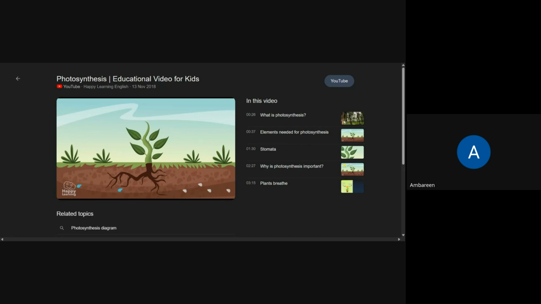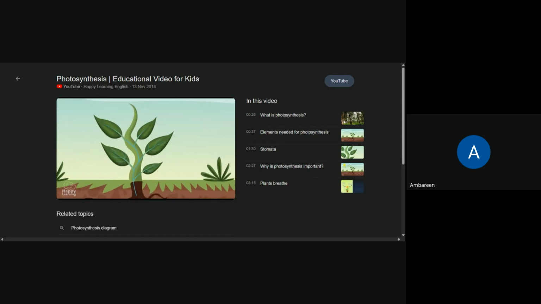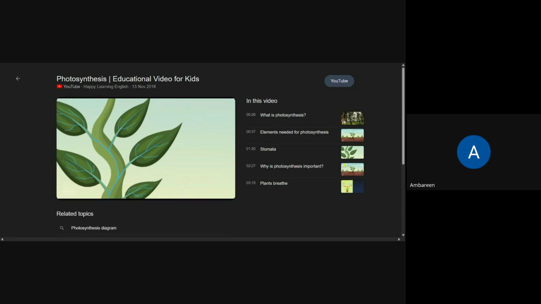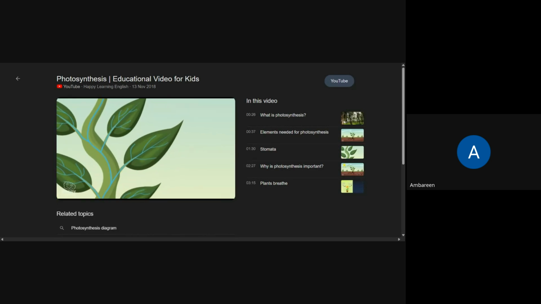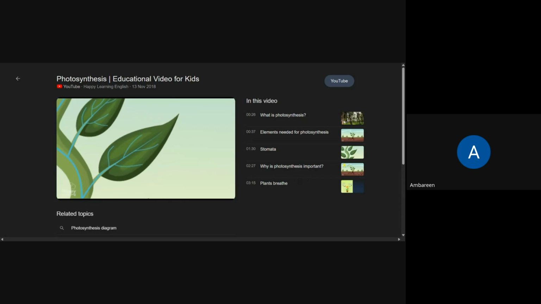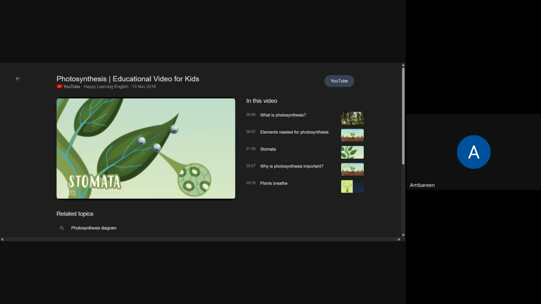And through them, the plant absorbs water and minerals in the soil. Water with minerals are transported up the stem, reaching the leaves. The leaves are full of tiny pores called stomata, which absorb carbon dioxide that the surrounding air contains.